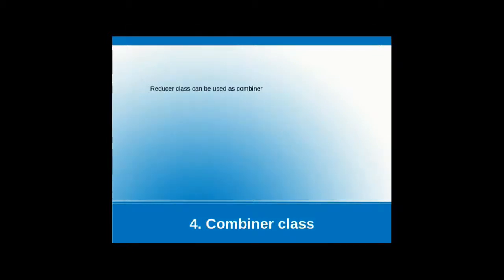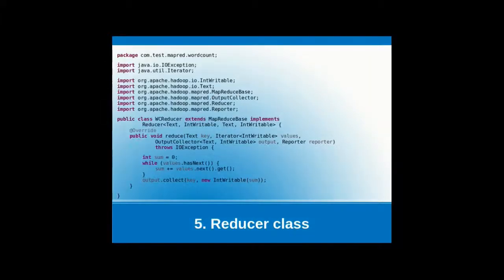The reducer class can be used as a combiner class. For the combiner, we can use the reducer without changing any logic in the reducer class. The reducer class should be a subclass of the MapReduceBase class and should implement the Reducer interface. The Reducer interface decides the input key value data types and output key value data types: Text and IntWritable as input key value types, and Text and IntWritable as output key value types. Text is the key and IntWritable is the value.